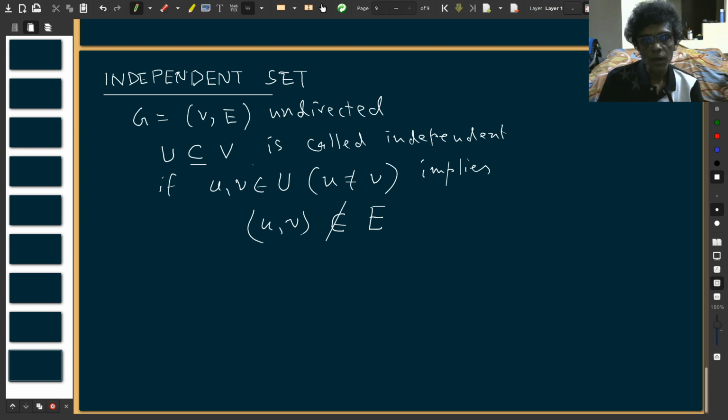Clearly this is in NP. Again, actually you want to find a maximum independent set or something like that.